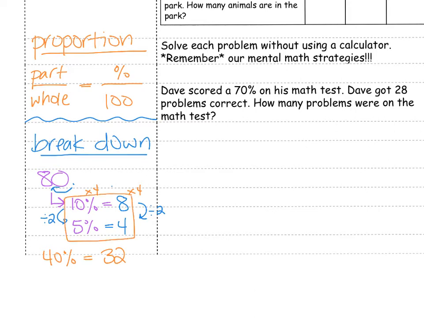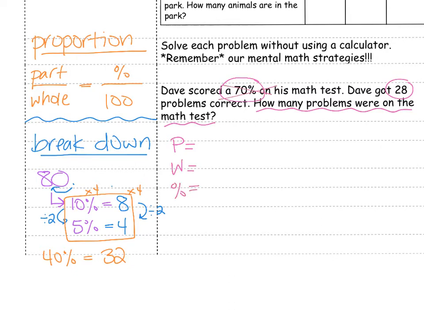So when we look at our first problem today, we can use either method, and it's going to get us the right solution. It says Dave scored a 70% on his math test. Dave got 28 problems correct. How many problems were on the test? So we always want to figure out first, when looking at the numbers we're given and the question we're trying to answer, what is the part, what is the whole, what is the percent?